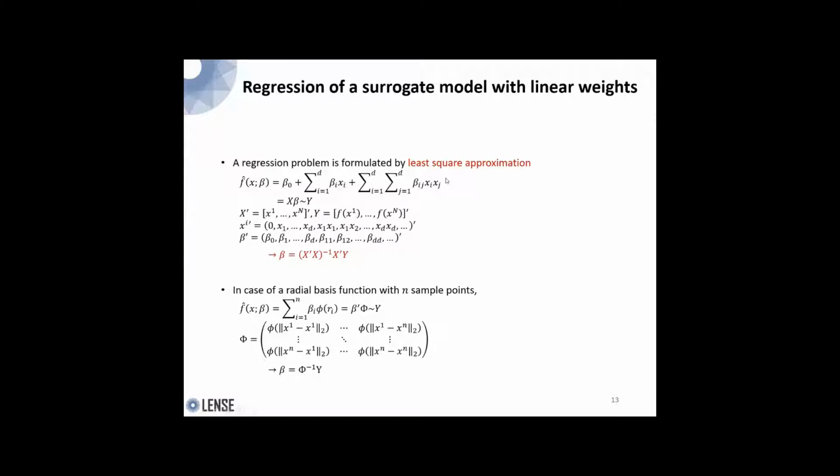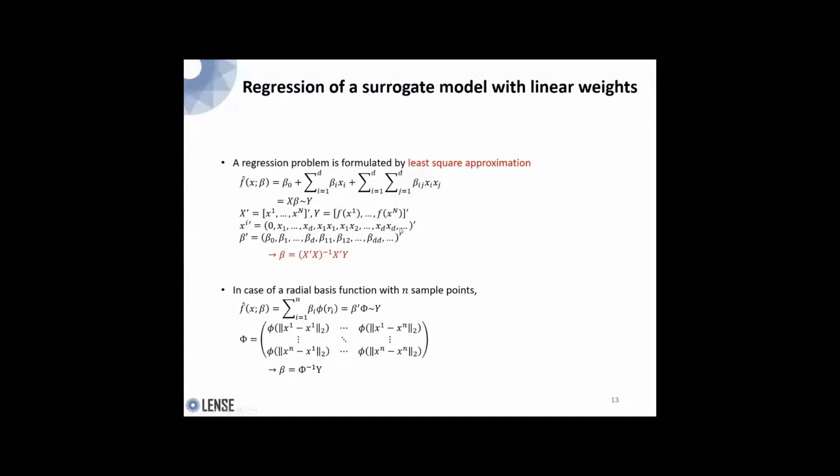Once the basis functions are set, like here, what's shown is the second order polynomial, then your job is to estimate these parameters. And that's relatively easy, because these series expansion models are linear in parameters. So you can use ordinary least squares, or some variations of it.